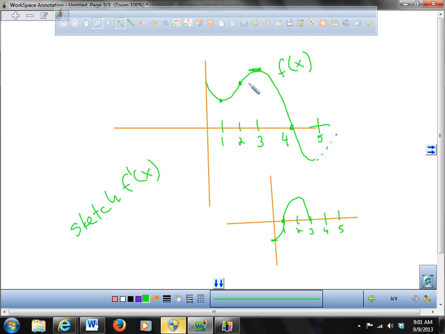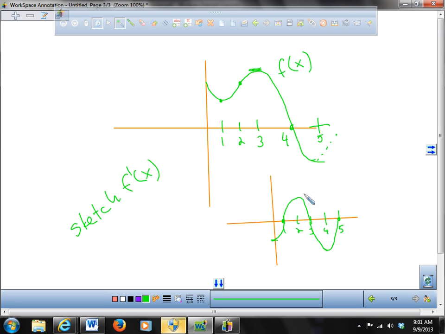Okay? Then the slope is negative until I get to where? Let's say that I made this go through 5. At 3 the slope is 0. Then up to and going through 4, the slope is still negative, right? And then at 5, the slope is 0 again.